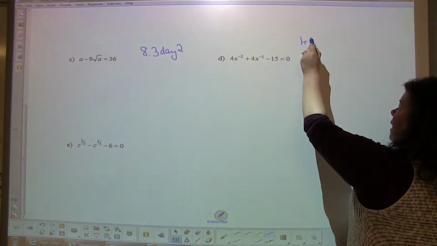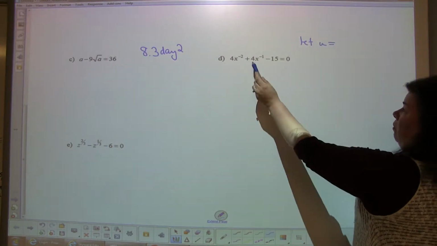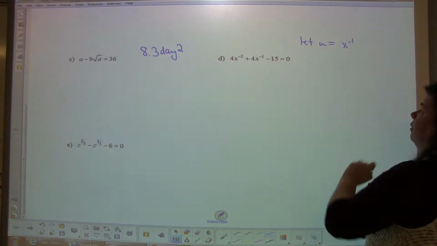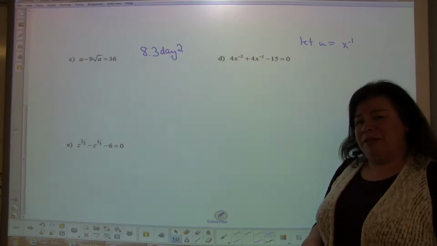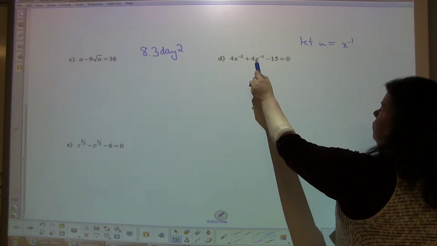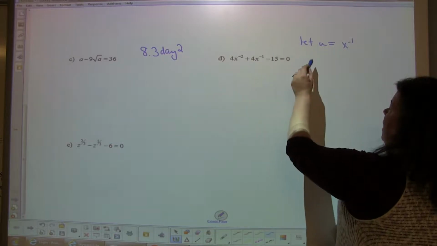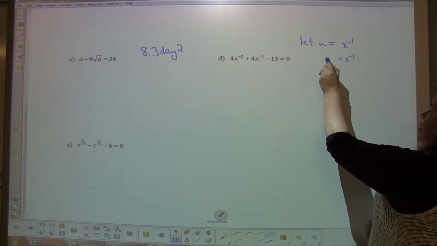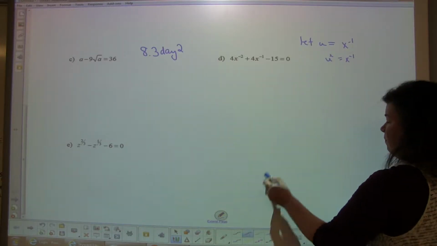We're going to let u equal our middle term here, which is x to the negative first power. I know that doesn't really make sense right now, but that means this is going to turn into a u.